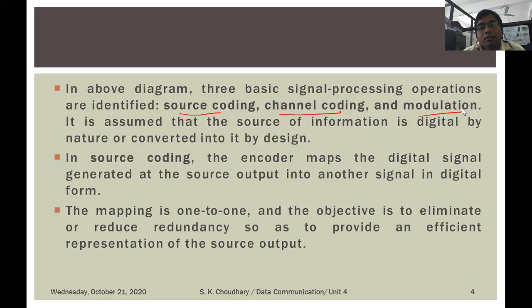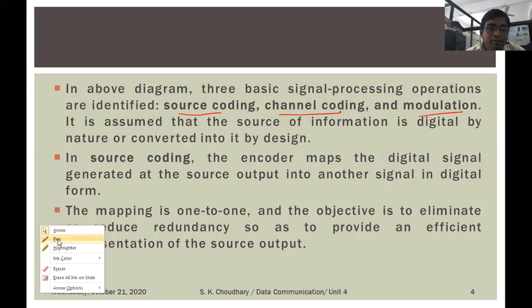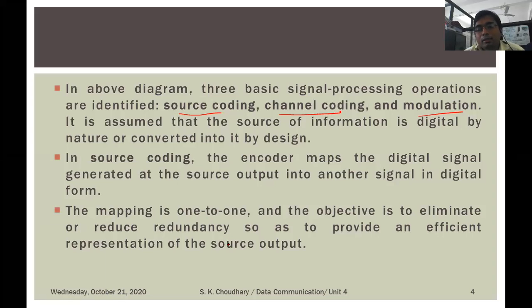The objective of this mapping is to eliminate or reduce the redundancy, so as to provide an efficient representation of the source output. So in the source encoding, we have to eliminate this redundancy. This is very important.